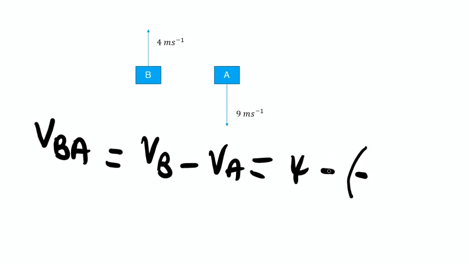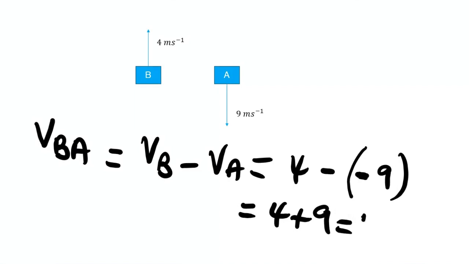This second negative inside the bracket is because this one is moving directly opposite to our A. So we need to bring this negative. The velocity of A is 9, so it's going to be 4 plus 9, which is 30 meters per second.